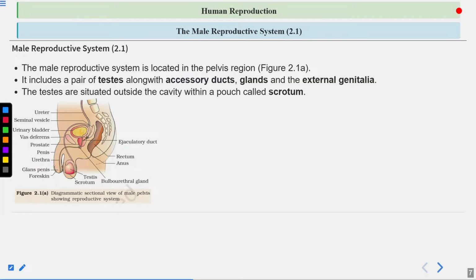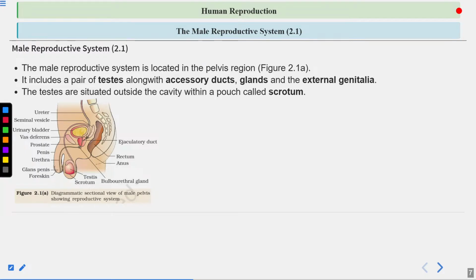In the scrotum, a temperature 2 to 2.5 degrees less than normal body temperature is maintained. This lower temperature is very important for sperm production, for spermatogenesis. Clear?